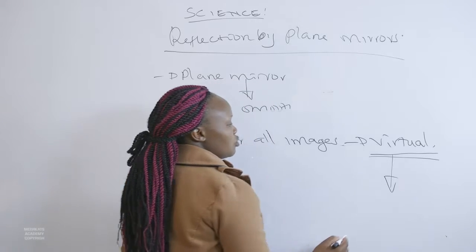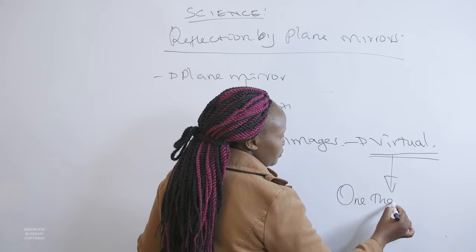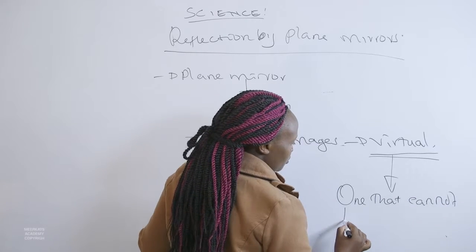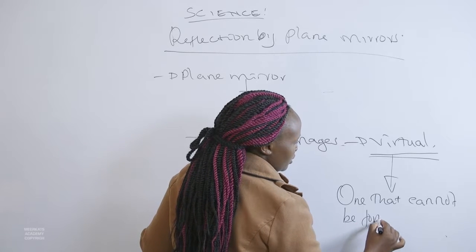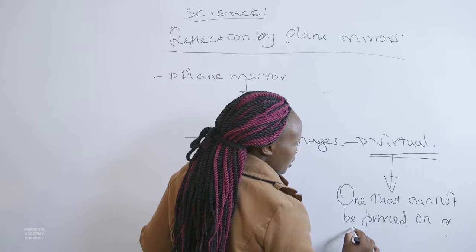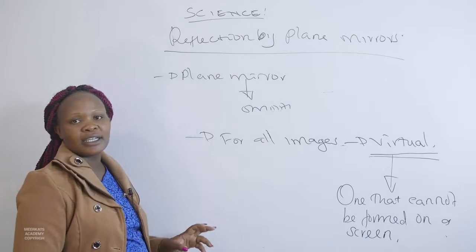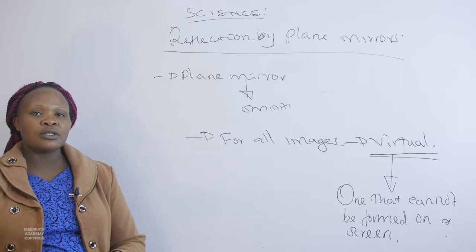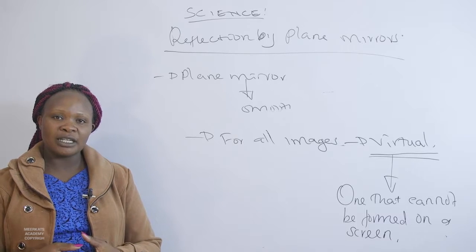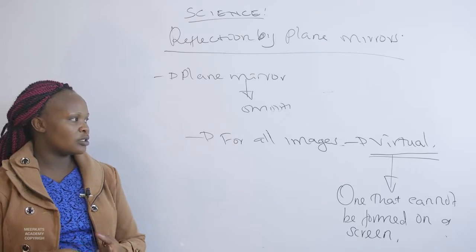By the way, a virtual image is one that cannot be formed on a screen. You can't see it on a screen because when you shift your object, you automatically get rid of your image. It cannot be formed on the screen.